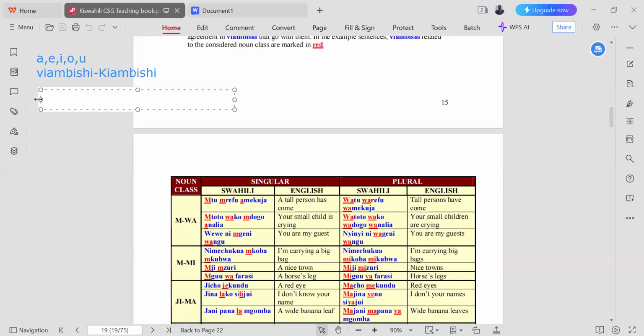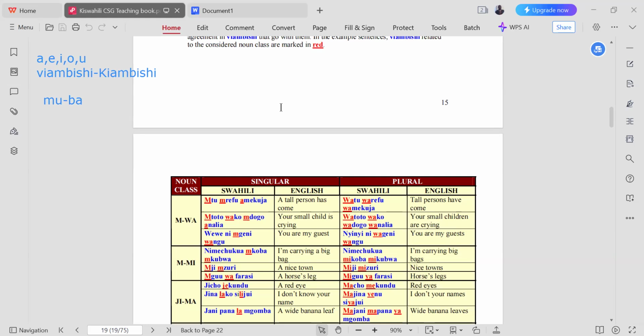Same as in Zambia and Malawi, it can be W or B. So theirs is not M-wa, it's now Mu-ba. It's mutoto, then batoto. Yes, that's right. We also use watoto. Wonderful. So it's batoto, watoto.